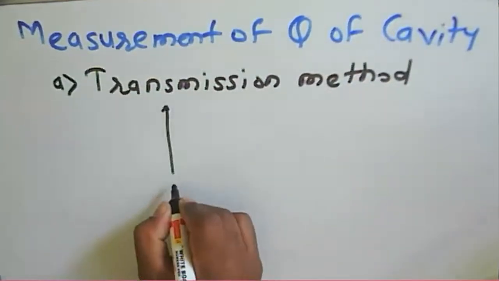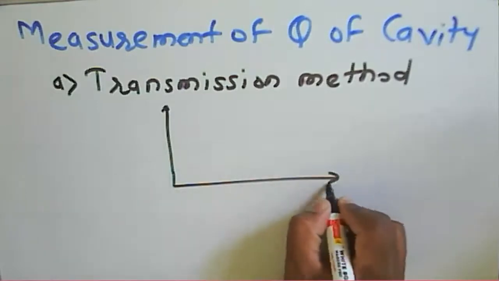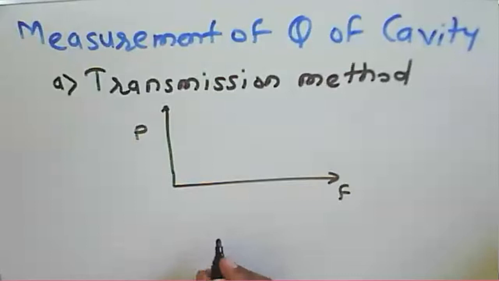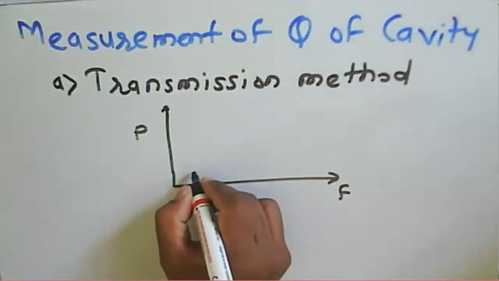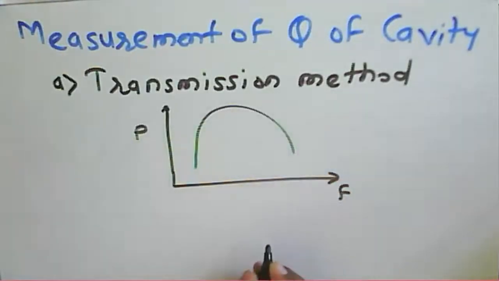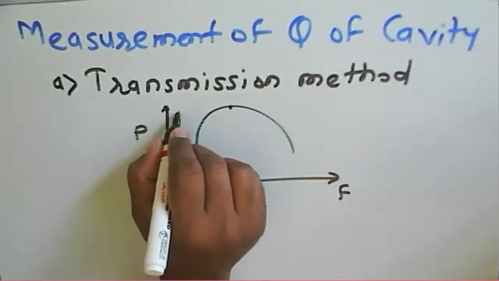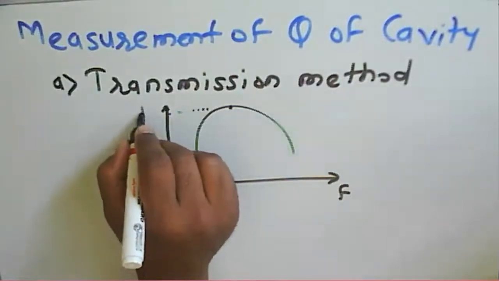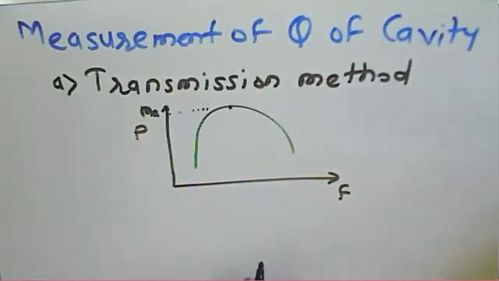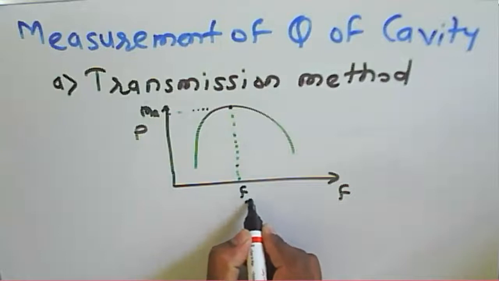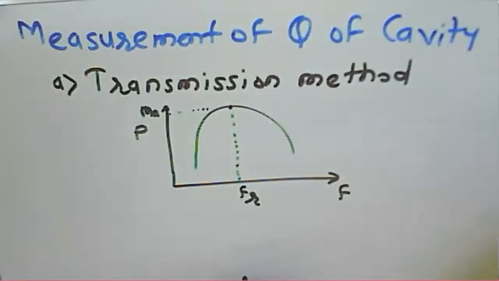In that case we need to draw a graph of power with respect to frequency. We get a graph that is an inverted U, and wherever we get the maximum power is the maximum value of power. So when do we get the maximum power? At the resonating frequency of the cavity.